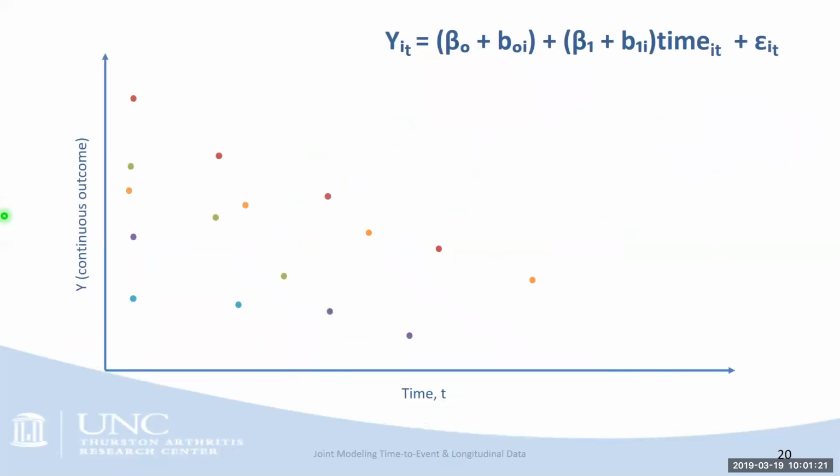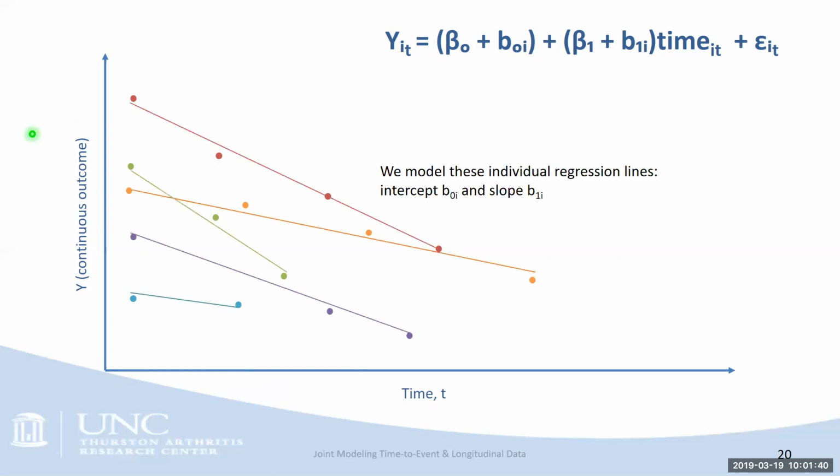So let's just briefly look at that graphically. If we have our time here on our x-axis and our continuous outcome here on the y, and each of these colored dots is one specific person, so we measure this person, and measure them again here, and again here, and again here, what we're doing in the linear mixed model is modeling these individual regression lines.